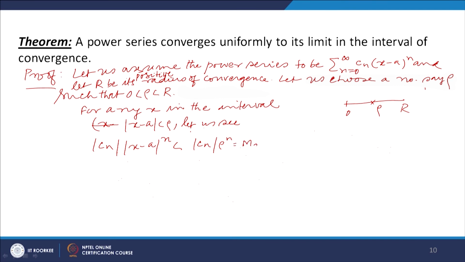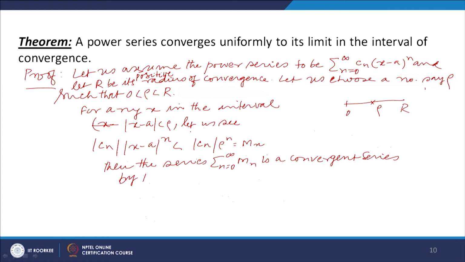Let me take it as Mn. Then the series sigma n equal to 0 to infinity Mn is a convergent series. Let us see why it is a convergent series. We can apply the root test. Mn is mod of Cn into rho to the power n.